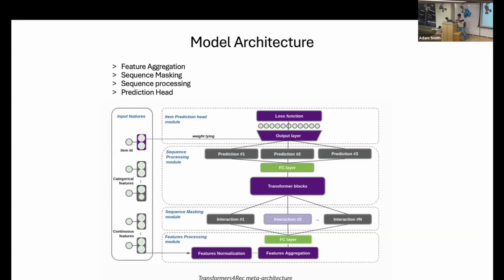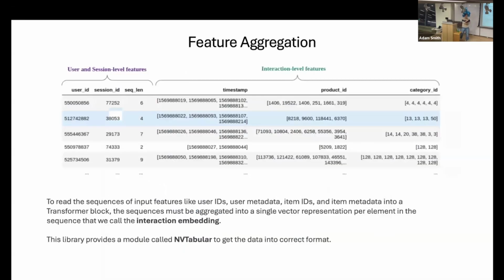To go a little further, what exactly is feature aggregation? Before feeding your interaction sequence, or the products which the customer interacted with, to a transformer block, you have to convert it into a standard format. That is where the feature aggregation module helps you. If you look over here, the data is at a granular level of user ID or session ID. If you want to understand a particular user's history, you can stitch it based on user ID.